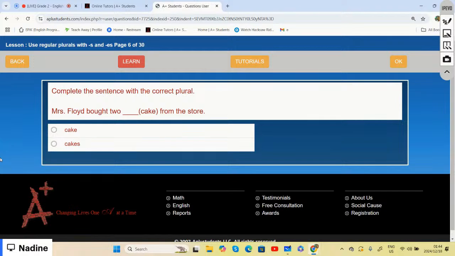Which one is correct? So cake or cakes. This is the last one.